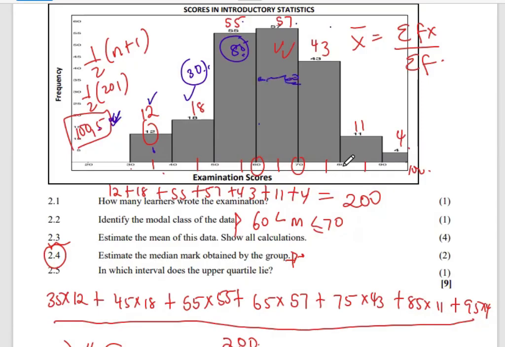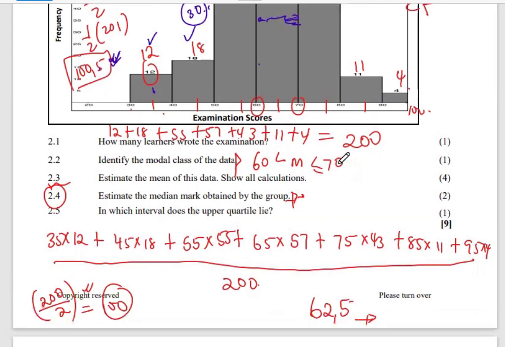So that's where the median is going to be found. The question is, estimate the median mark. So we could say 60 plus 70 divided by 2, and someone can say it's just 65, because we know that the median mark is found within this interval. If they ask for the median mark interval, just tell us between 60 and 70.